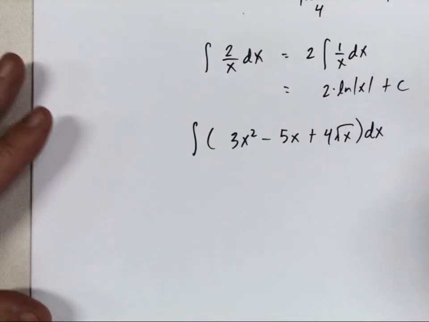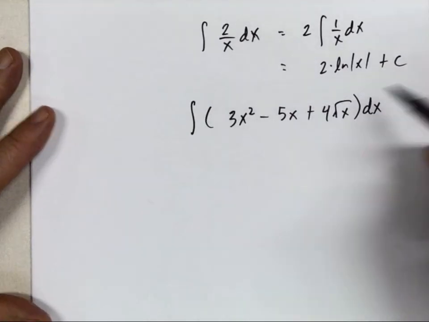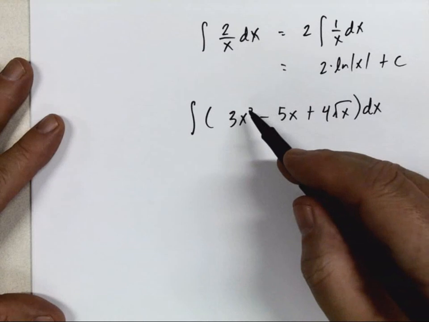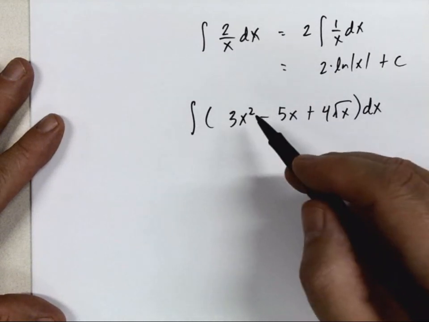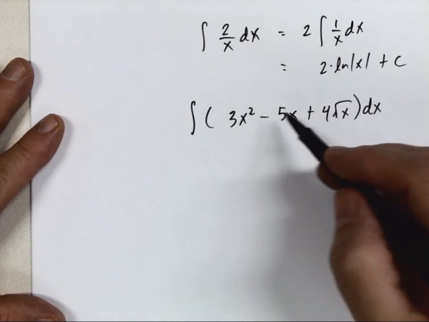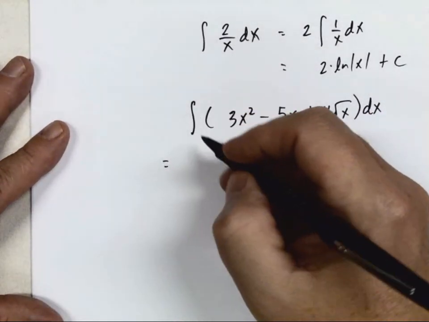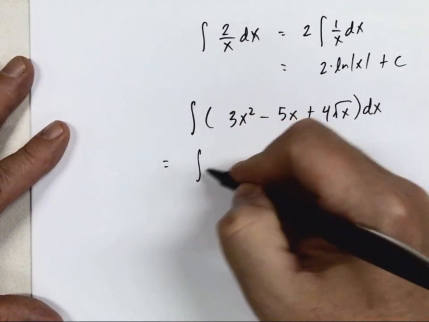Take the integral with respect to x. This is also pretty straightforward because when you have multiple terms, you can break the integral up into 3 separate integrals. Once again, you would probably never write it like this, but just to show you what's going on.